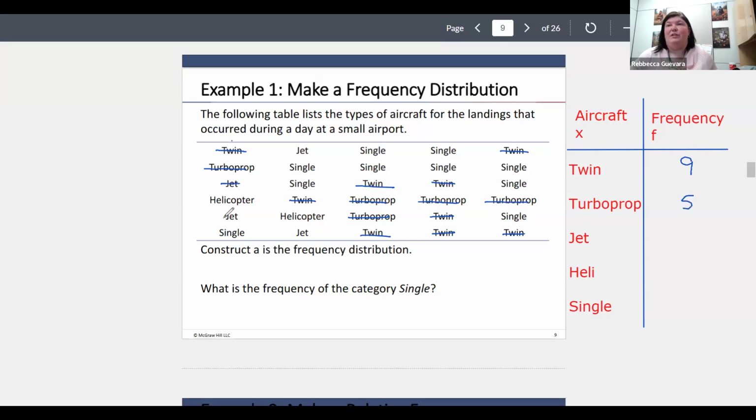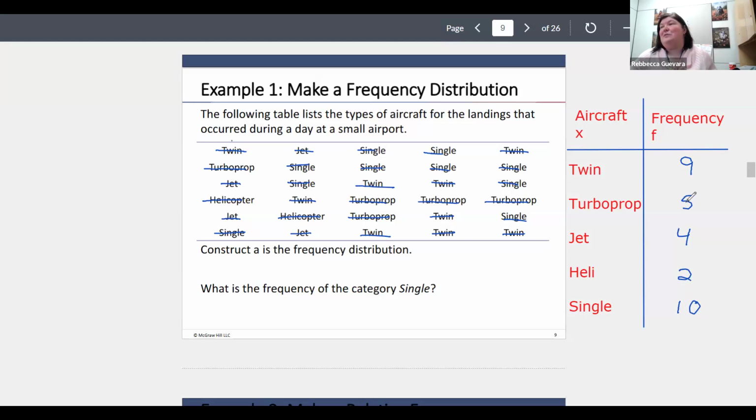The jets, we have 1, 2, 3, 4. This is 4, we'll double check this in a minute. Helicopters, looks like 1 helicopter, 2 helicopters. And then the single engines, we have 1, 2, 3, 4, 5, 6, 7, 8, 9, 10.